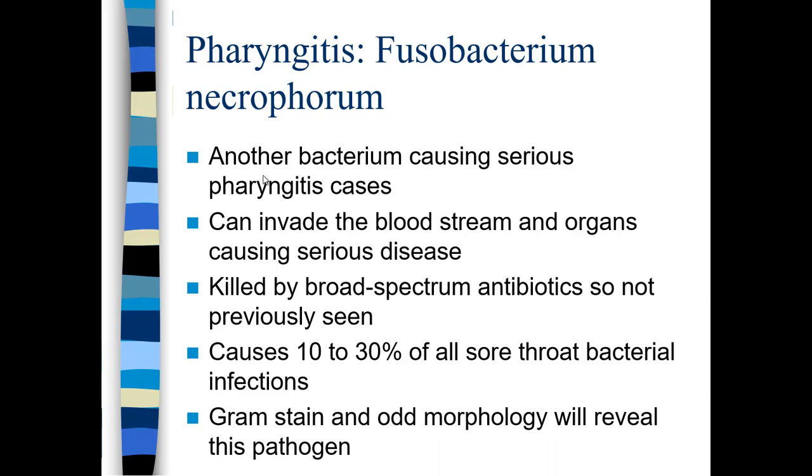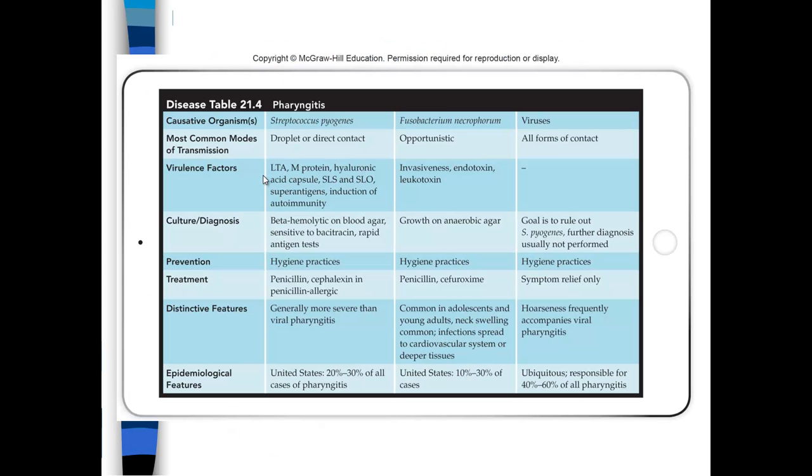Okay, you can gram stain this. It is gram negative, where I believe, let me check the next slide, it has an odd morphology, and that will show that it's not Streptococcus pyogenes. Okay.